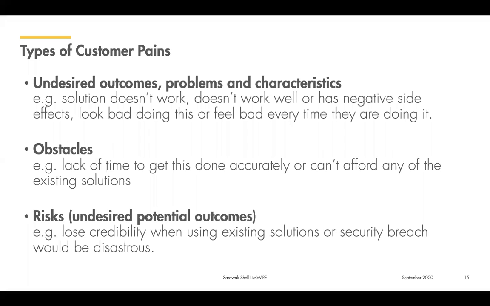So these are risks if they eat certain things, for example, or wear certain products. Another example of risk is security. If your customer is working with very sensitive information, they need people to be very discreet and practice confidentiality. So that may be a risk that your product could address.